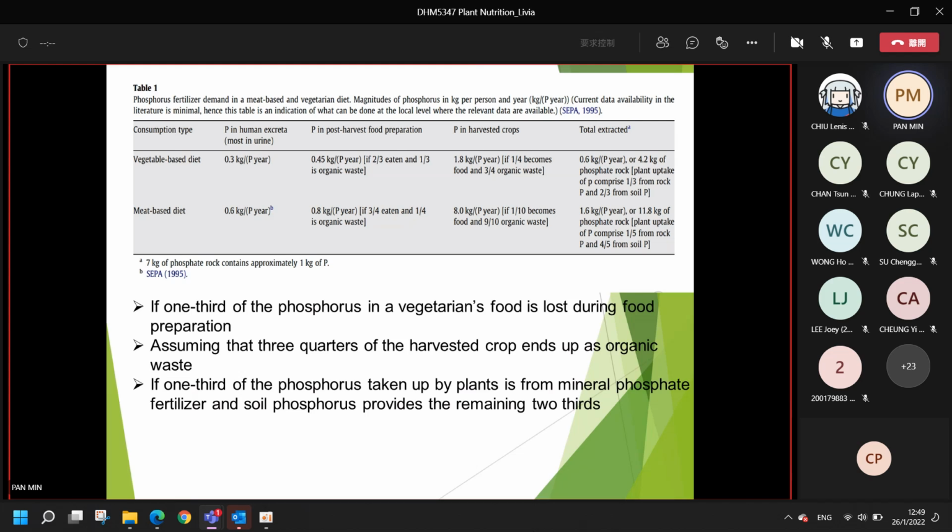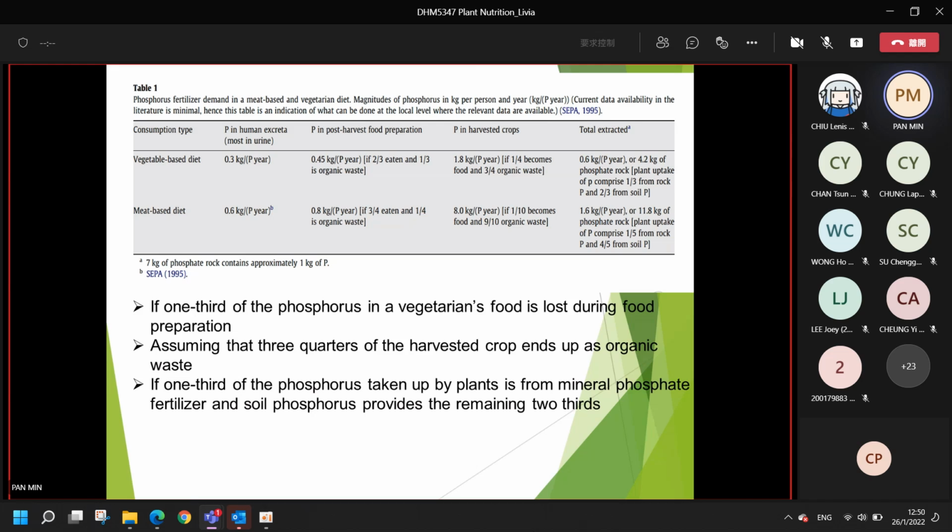So you can see the production from the rock to the phosphorus, and the comparison between the vegetarian and the meat eater, the difference.